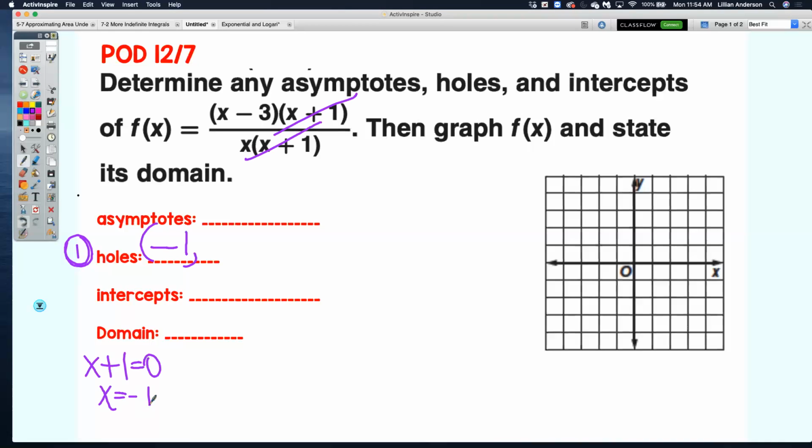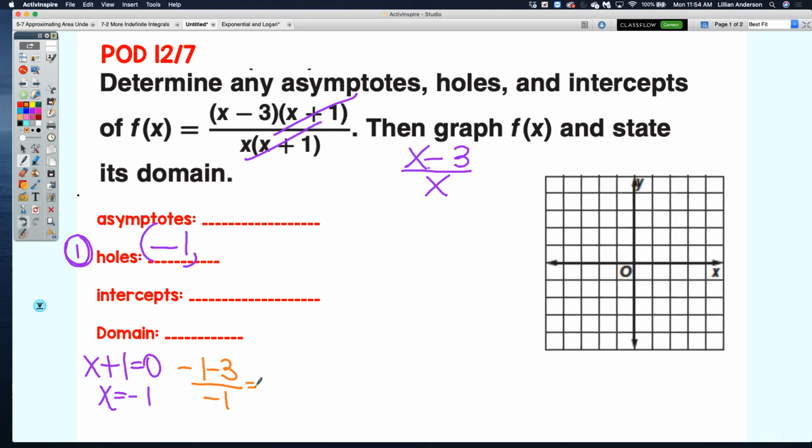How do you find the y-coordinate of a hole? You plug that value into the simplified version. We have x minus 3 over x left over once we cancel out that factor. So we have to plug -1 into that simplified form. That is how you find the y-coordinate of your hole.